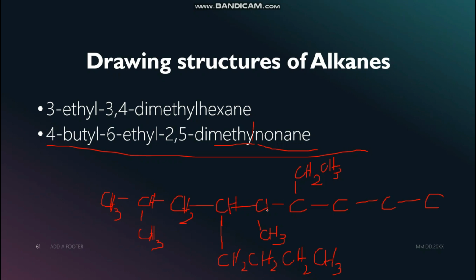Okay. 1, 2, 3. So you can write it also like this, okay? Instead of what I did earlier in the first example, where the hydrogens branched off from the carbons. So this is 4-butyl-6-ethyl-2,5-dimethylnonane. So that's how you draw the structures of alkanes.